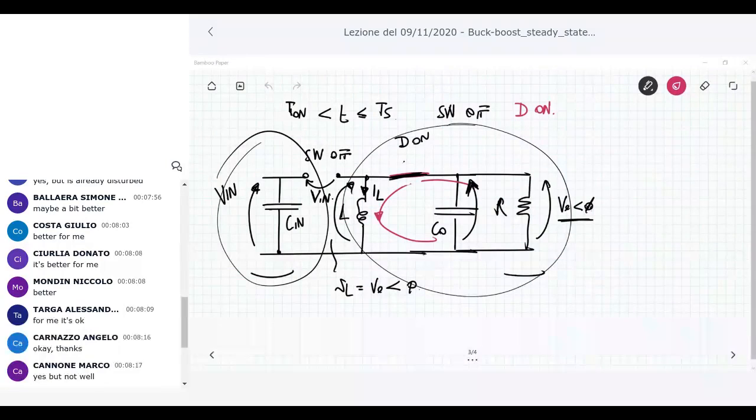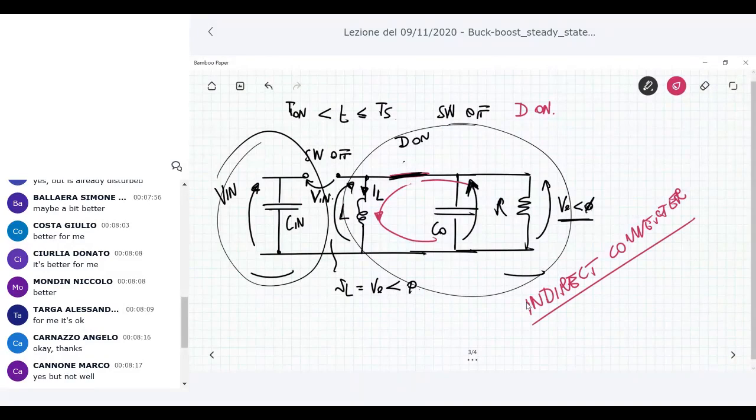This is a specific characteristic of a class of converters that are called indirect converters. Indirect converter means a class of converter in which you don't have at any time instant a direct, so galvanic, connection between the input side and the output side.